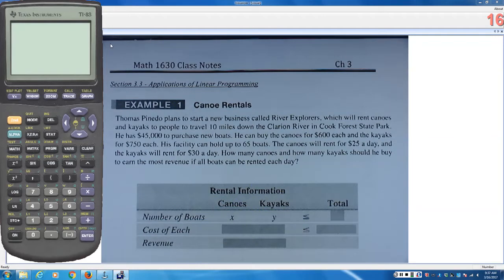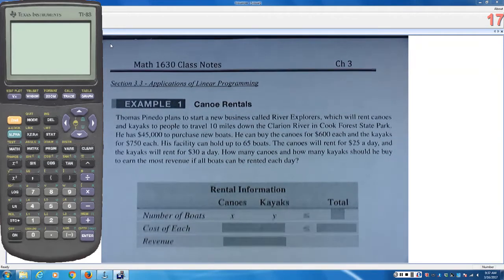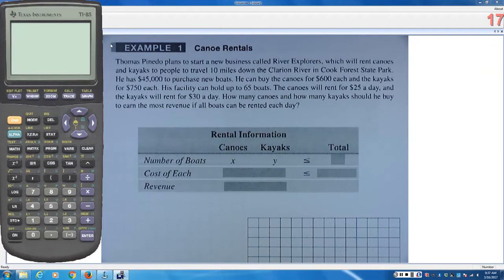And our example says that Thomas Pinedo plans to start a new business called River Explorers that will rent canoes and kayaks to people to travel 10 miles down the Clarion River in Cook Forest State Park. And he has $45,000 to purchase the boats. He can buy the canoes for $600 each and the kayaks for $750 each. He has a facility that can hold up to 65 boats total.